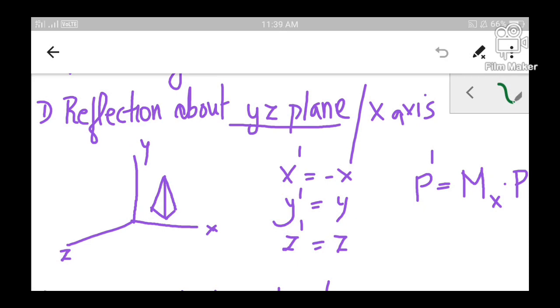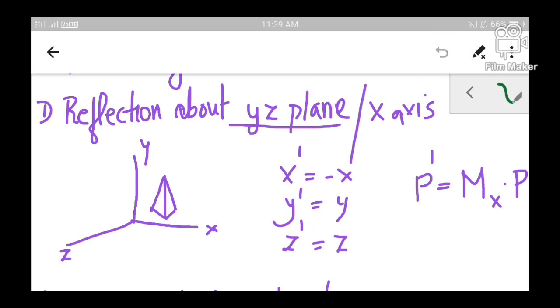Whenever a reflection is performed about the YZ plane, reflection takes place in the X-axis. I repeat, whenever the reflection is about the YZ plane, then it takes place in the x-axis. So it is also known as reflection about x-axis. So if the reflection is in YZ plane, then it is similar to reflection about x-axis.